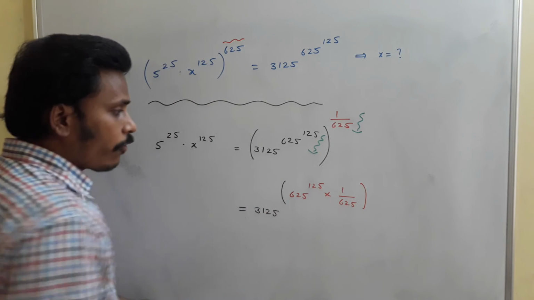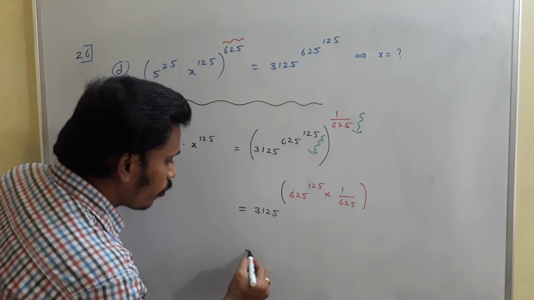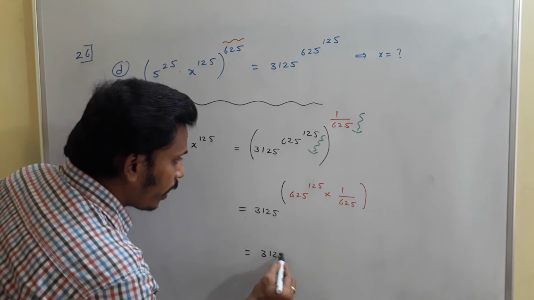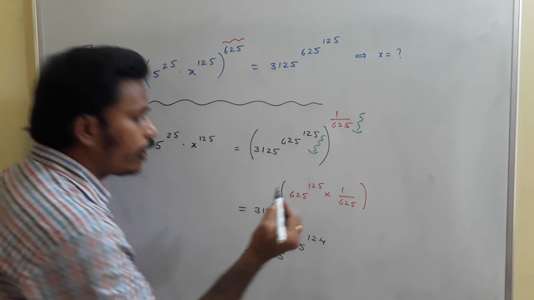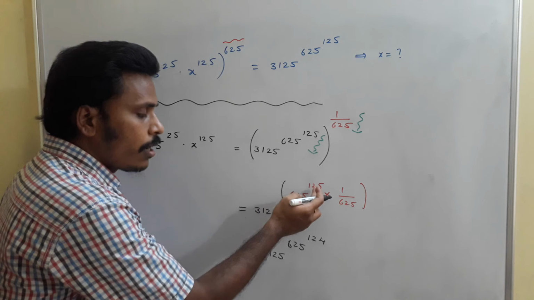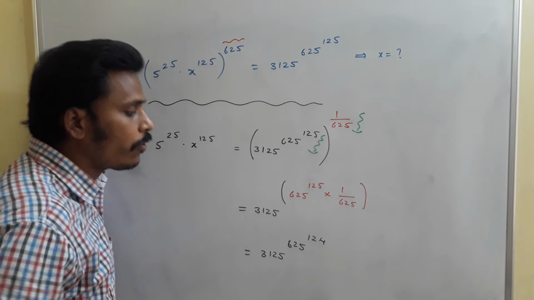If you simplify this, what will happen? This is equal to 3125 to the power 625 to the power 124. Okay, because m is 125 and n is 1, so this is 625 to the power 124.